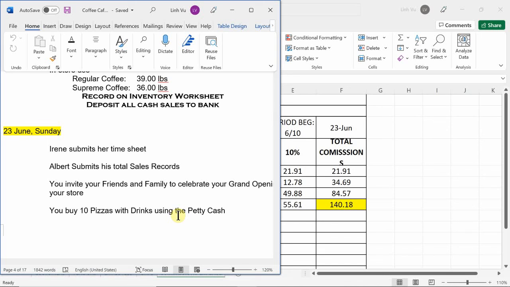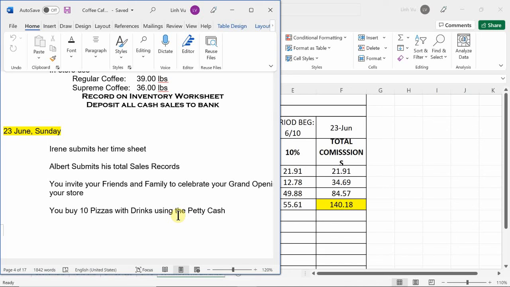So when should I normally replenish the petty cash fund? Normally at the end of the month or whenever you are out of petty cash. Good. That's exactly correct. It's either at the end of the month or if you're running low in the petty cash fund.